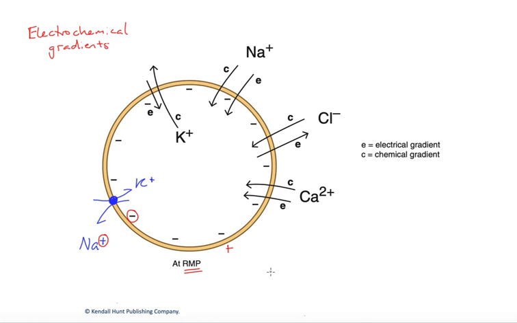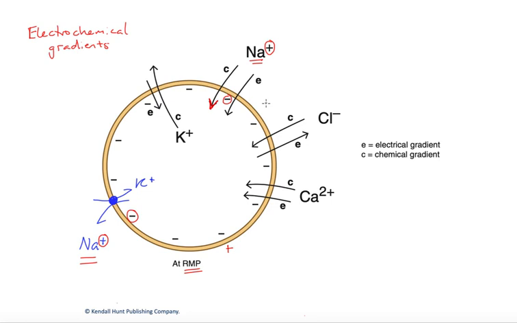Now, having said that, we have two driving forces on any particular ion across a membrane, assuming there's a gradient in their concentrations. That is, for sodium, for instance, we just said that the sodium-potassium pump is moving sodium out, so there's a lot more sodium on the outside than the inside of the cell, and it therefore has a chemical gradient that drives it into the cell. Well, we can't assume that sodium will enter the cell just yet because we also have to account for its charge relative to the inside of the cell.